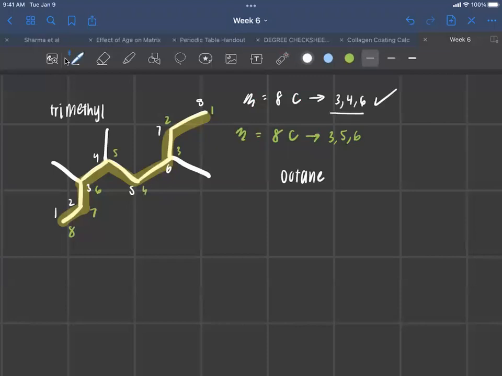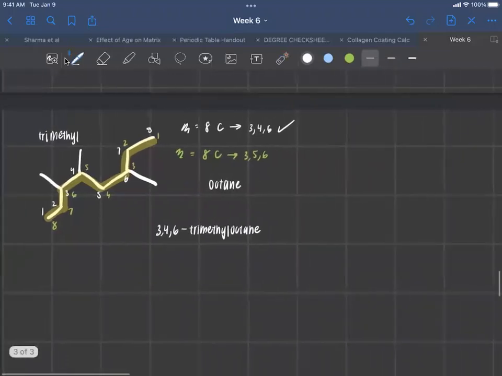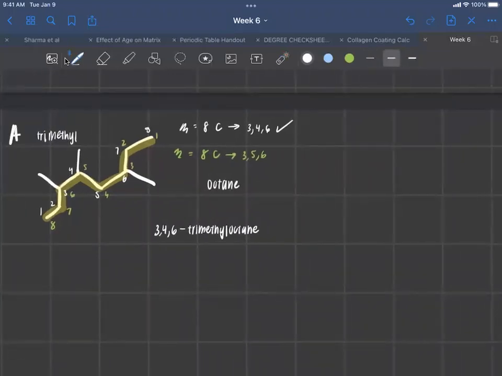Again, we said earlier that we have methyls on 3, 4, and 6. And just slapping on the parent chain then would be octane. So the name of this molecule is 3,4,6-trimethyloctane. So this was example A. Okay, let's move to B.